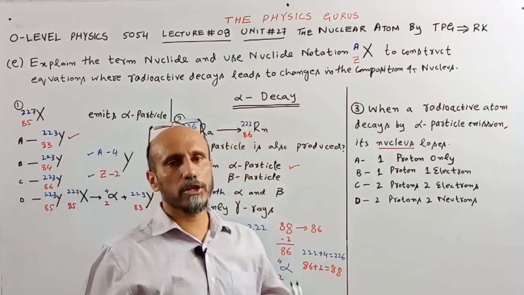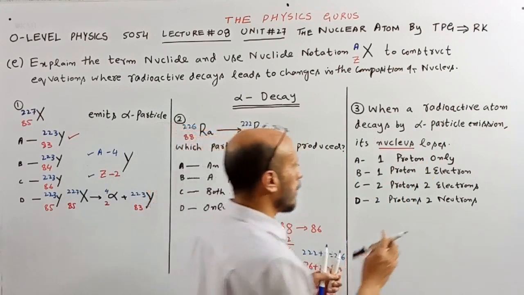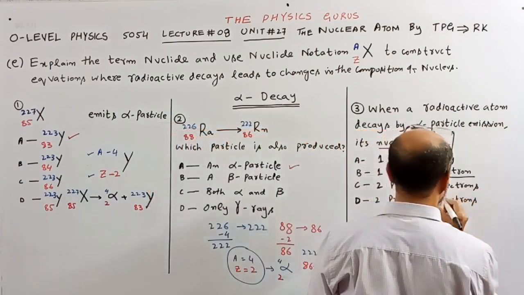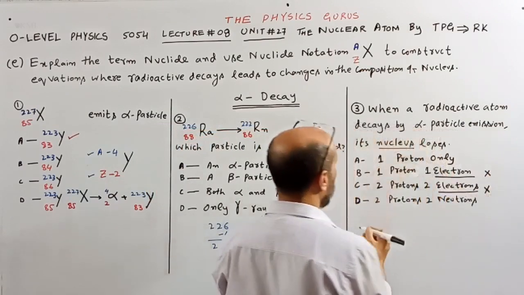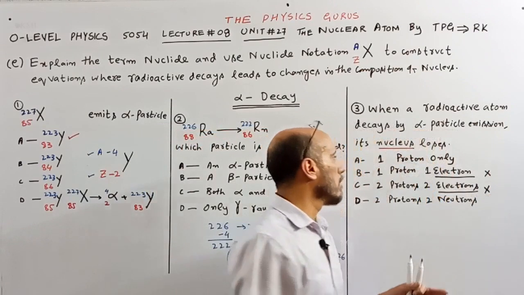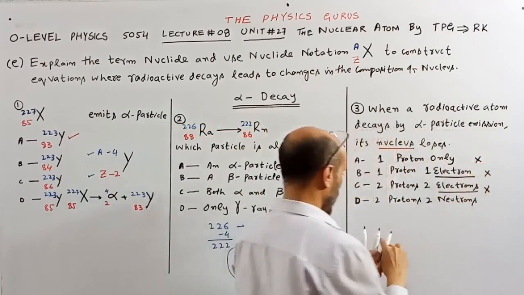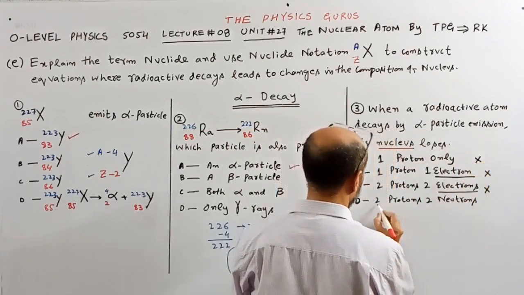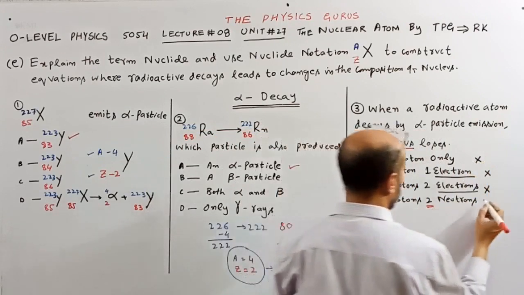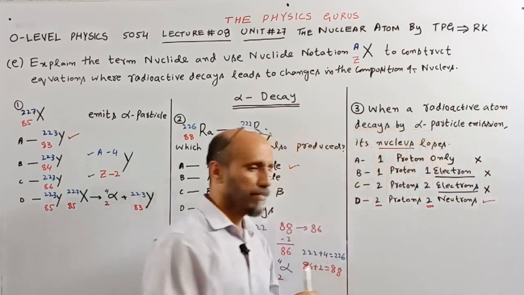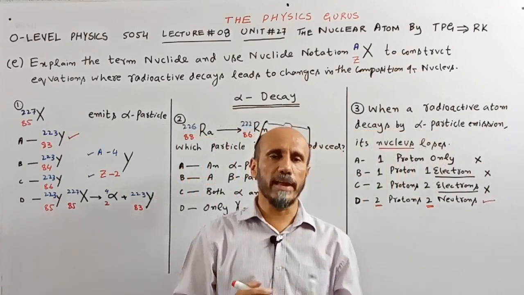Obviously we are supposed to omit the 2 options in which electrons are given. So these 2 options are not possible, and 1 proton doesn't belong to an alpha particle. So what will be the answer? It will emit 2 protons and 2 neutrons. Option D. In this way we have studied the examples of alpha decay.